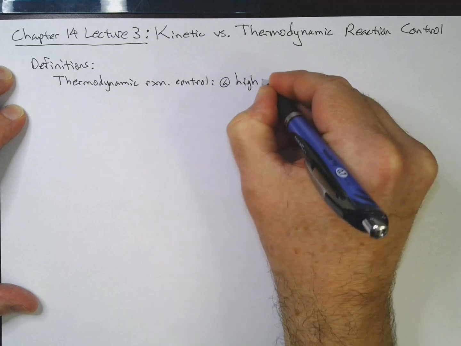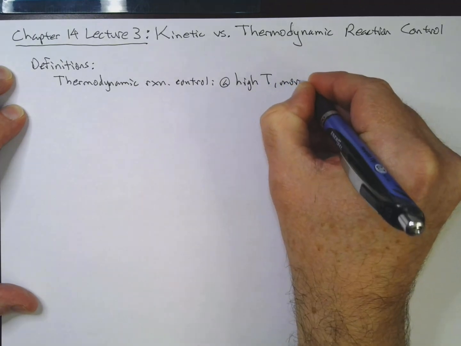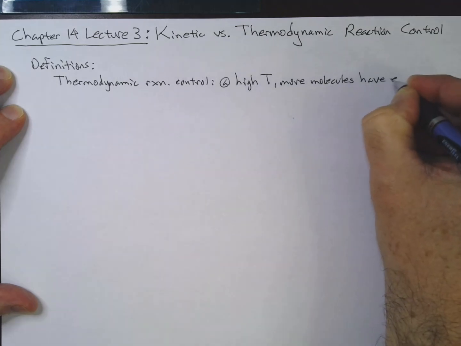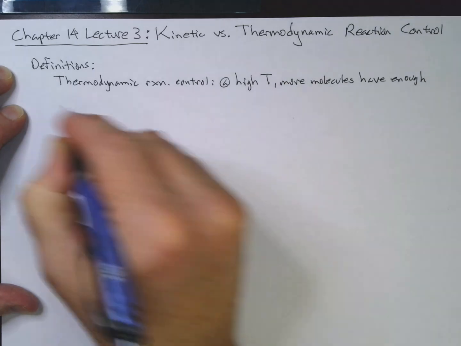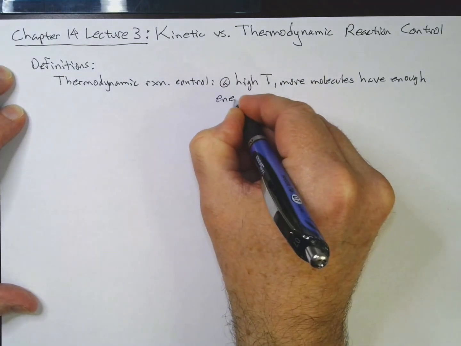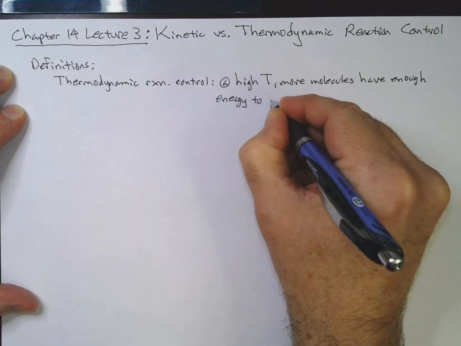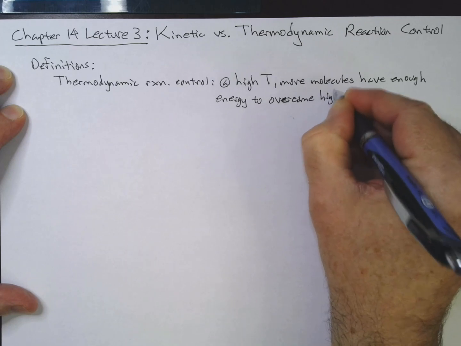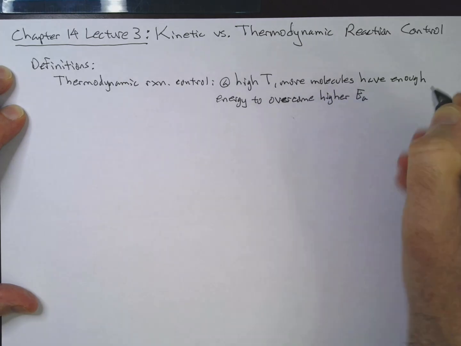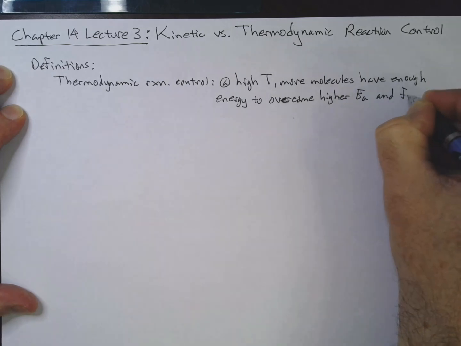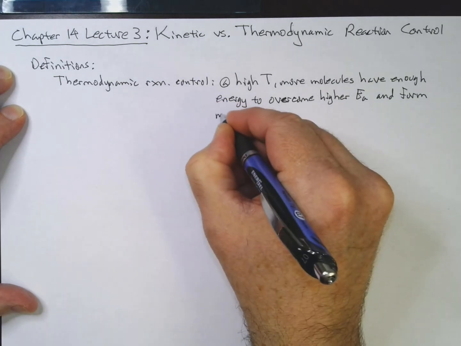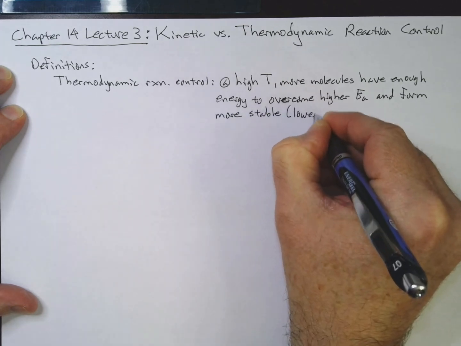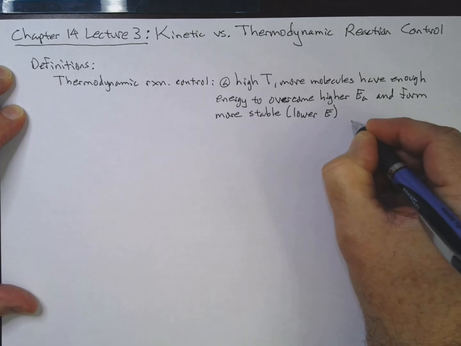So at high temperature, more molecules have enough energy to overcome higher EA and form more stable or lower energy product.